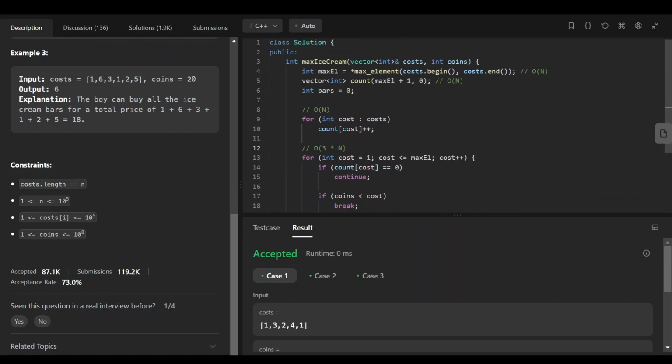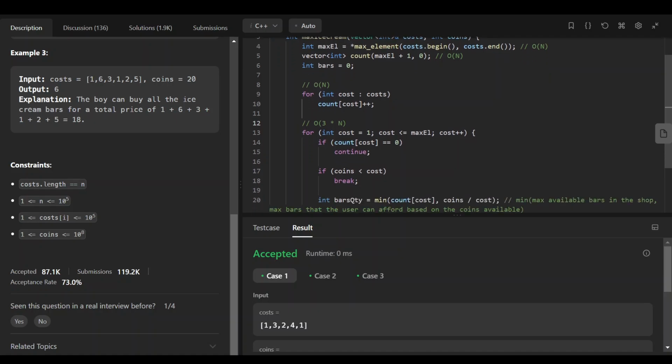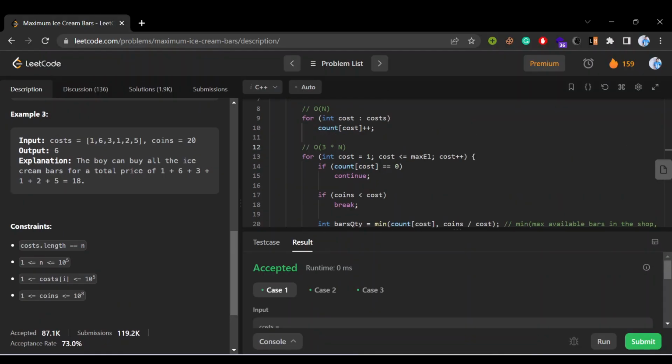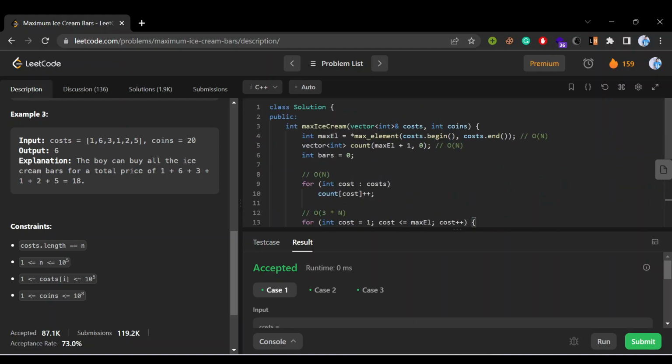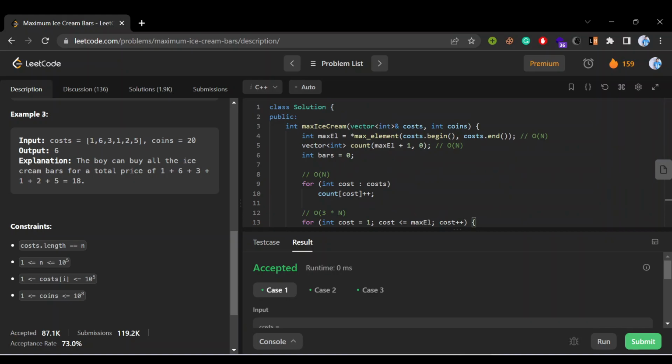So this will perform better if the n value is high, but for lower n values, for example 100, I think log base 2 of 100 will be something similar to 7n or 6n, or 5n maybe, I don't know the exact value of log base 2 of 100. But the sorting solution will perform better in lower n values, and this solution will perform better when you have high n values. For example, 10 raised to power 5, 10 raised to power 6, and something like that.